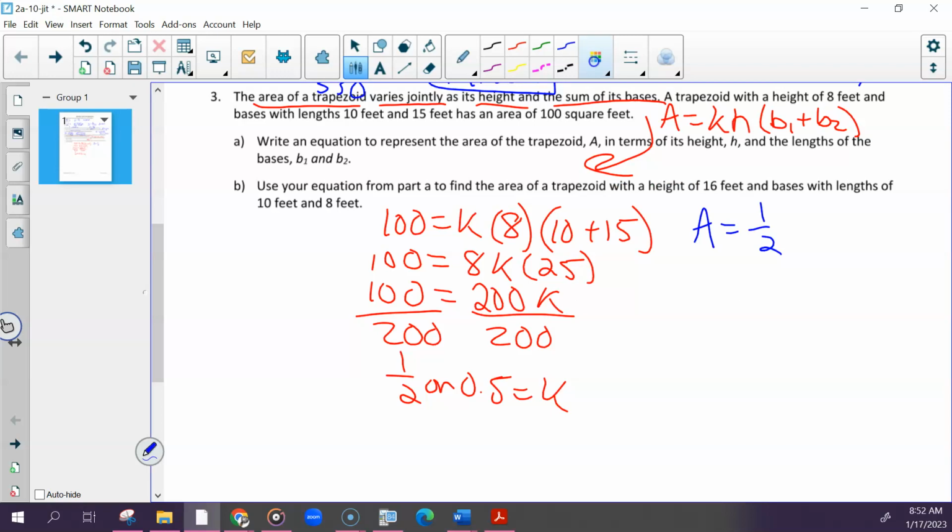So then we can use that K value to find our new area. So area equals 1/2 times the height of 16, and the bases 10 and 8. So you can put that all in your calculator all at once and figure out what that is.